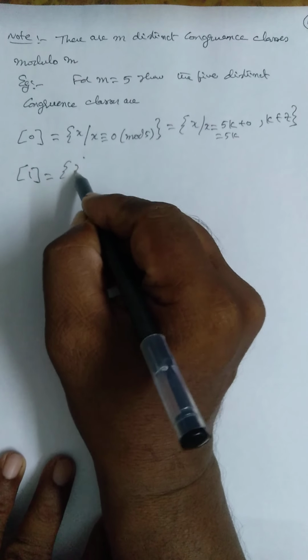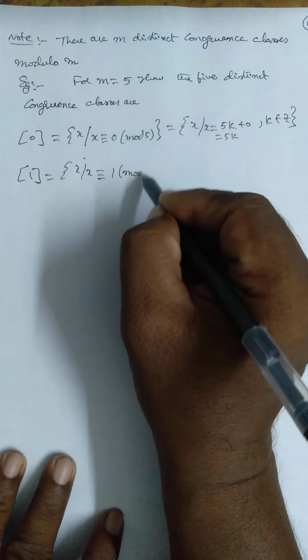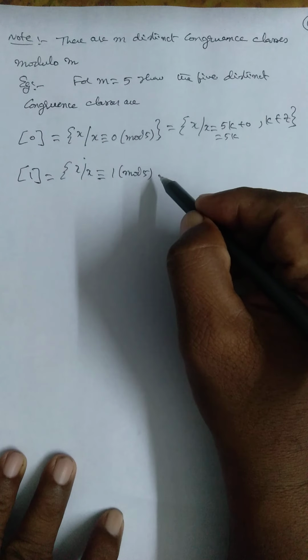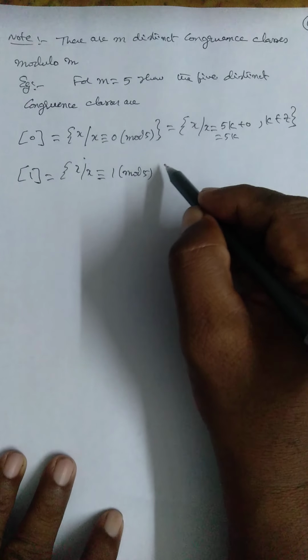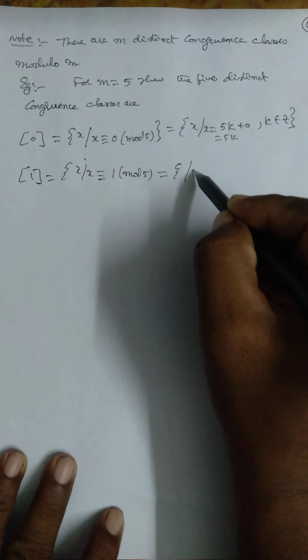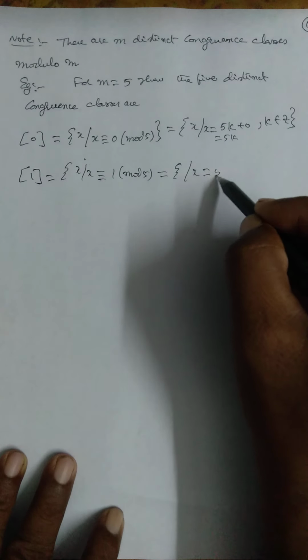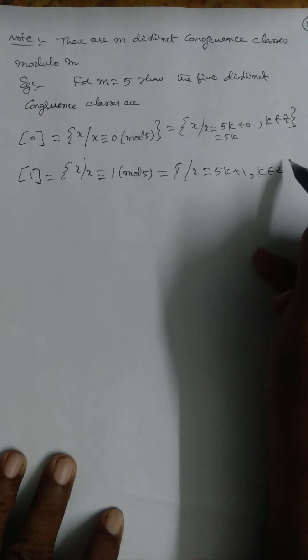Bracket 1 is the set of x such that x is congruent to 1 mod 5, that is x is equal to 5k plus 1, k belongs to Z.